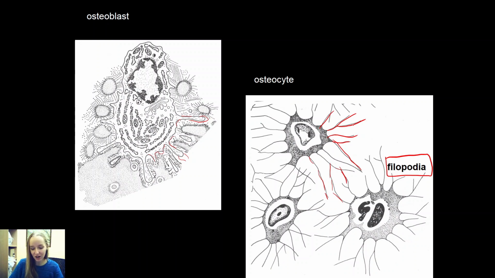These protrusions are located in the canals of the bone called canaliculi. So they are in the bone in canaliculi. We can see them also. These canaliculi can be seen in light microscopy. We are really not able to see these protrusions. You're not able to see filopodia because they're so thin, but you can see these channels, these canaliculi in the bone.